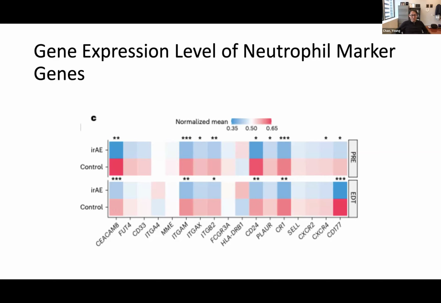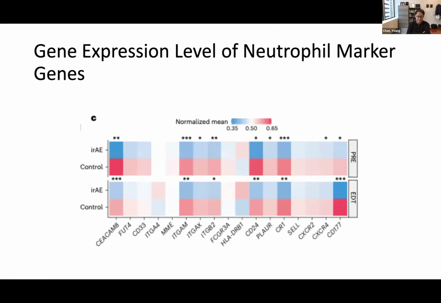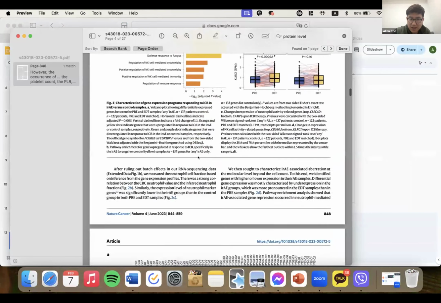Where did the sample come from? This was from the blood, I believe. Blood? Then what cells in the blood? Does it say? I don't think it had mentioned.